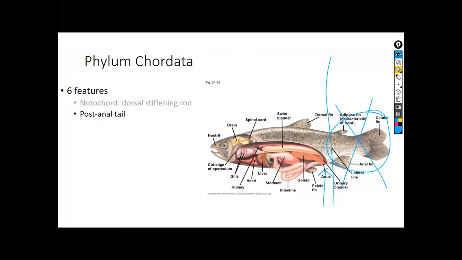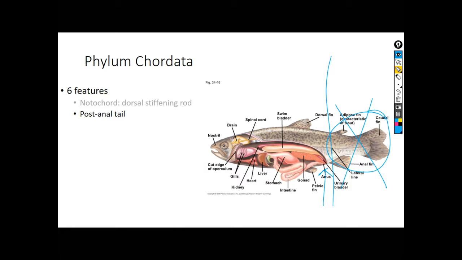And that's the same thing here. Now we have extra special organs that exist just to help move and direct it along. Worms are crappy swimmers. Fish are very good swimmers. For two reasons. We have some stiffening, and we have the tail.